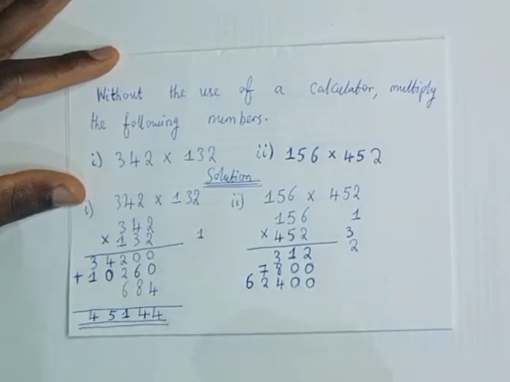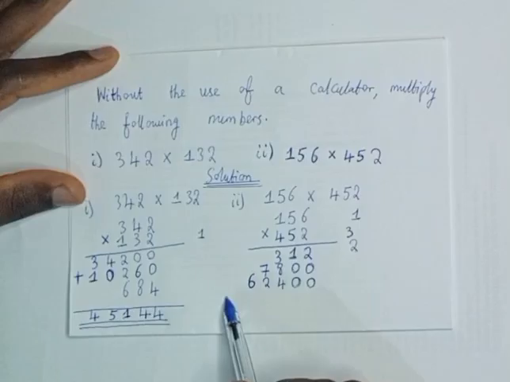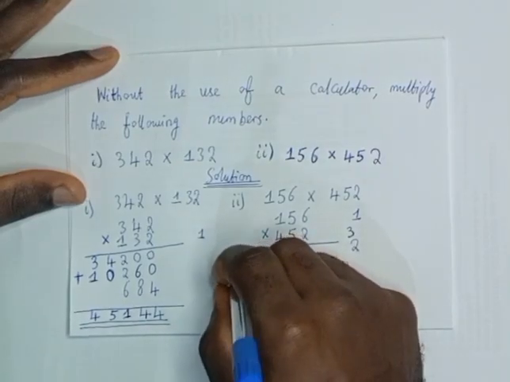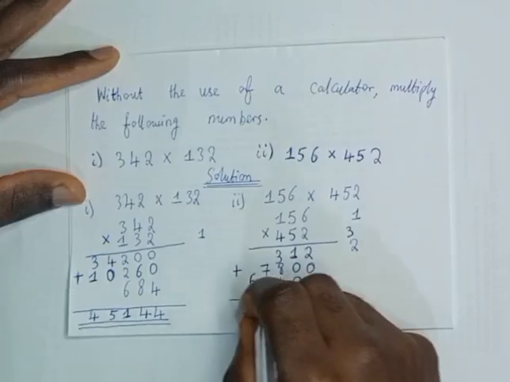The next thing we have to do is add the digits in each vertical alignment, starting from the right hand side to the left. We put the addition sign, we draw our horizontal line.